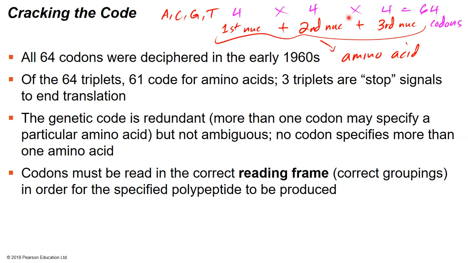So scientists, after discovering that each amino acid is specified by 3 nucleotides, determined the 64 different triplet codons or triplet codes, and they wanted to know which specific sequence of 3 nucleotides will specify which type of amino acid.